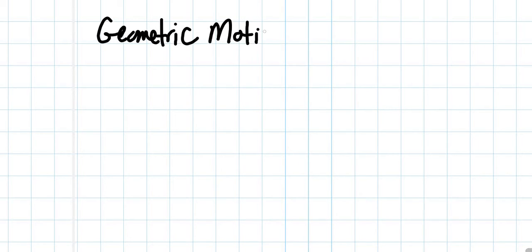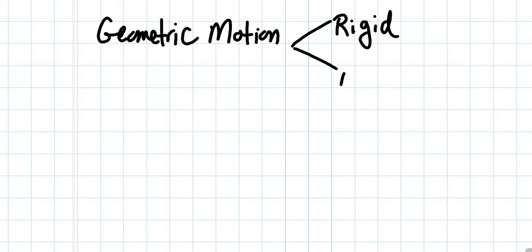Okay, topic number 1, we're going to talk about what's called geometric motion. There's 2 main types of geometric motion. Those 2 types are what's called rigid and non-rigid.